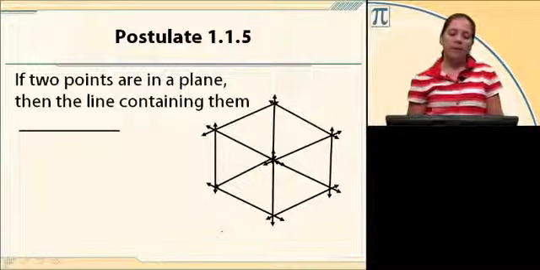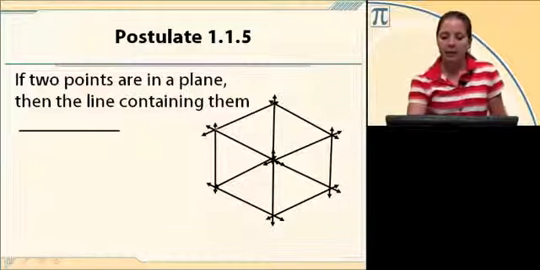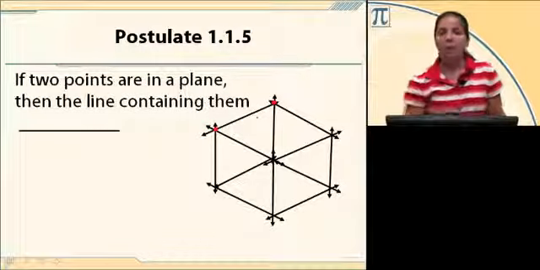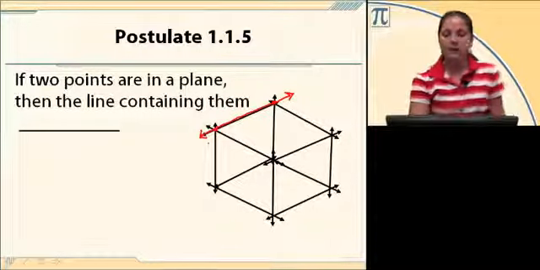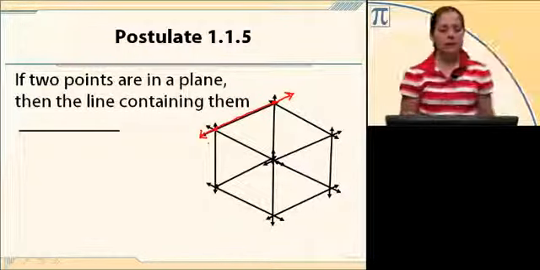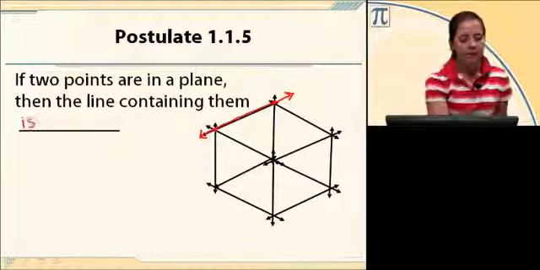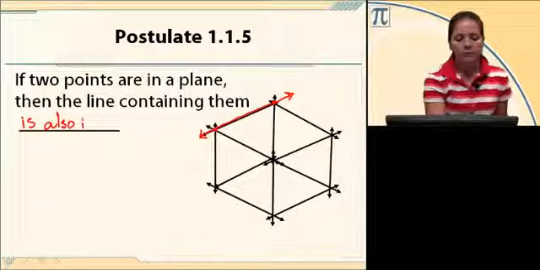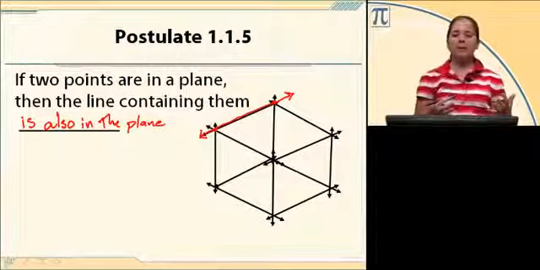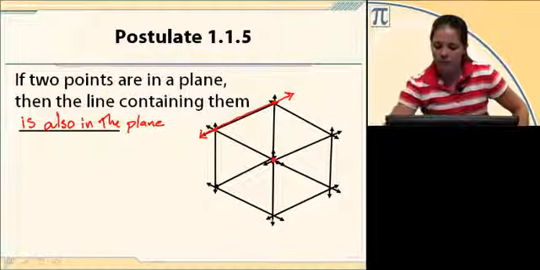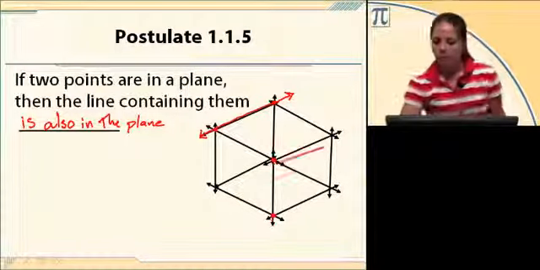If 2 points are in a plane, then the line containing them. So if I've got 2 points in a plane, these 2 points are both on that ceiling. Here, I've got the line containing them. Notice that line is also along the ceiling. So if 2 points are in a plane, then the line containing them is also in the plane.